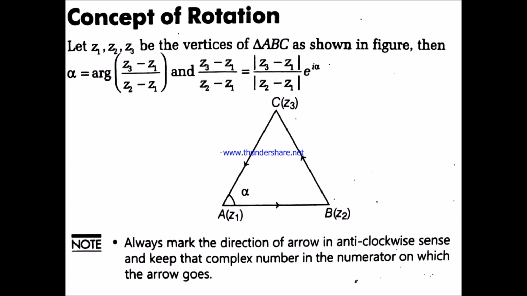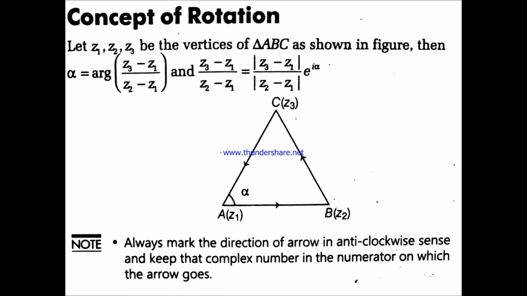If we do this, it leads to the formation of a new complex number which we can call Z3, and which we can represent in the following figure in the form of a triangle. Now if we actually see, it forms a null vector, and the angle alpha here is the angle of rotation, keeping Z1 as the point of rotation, Z2 as the beginning point and Z3 as the ending point.